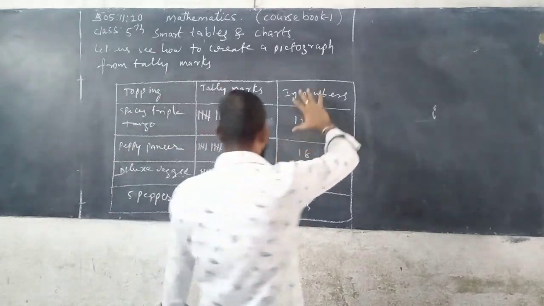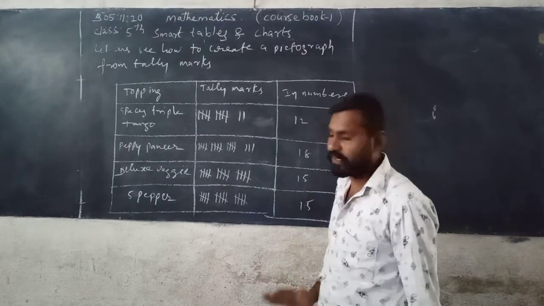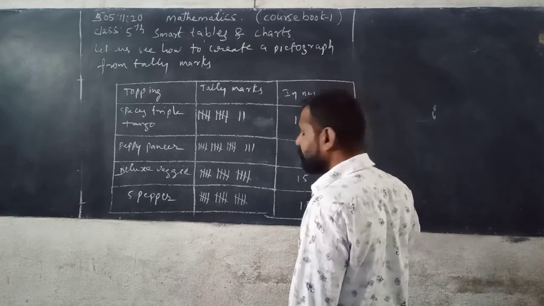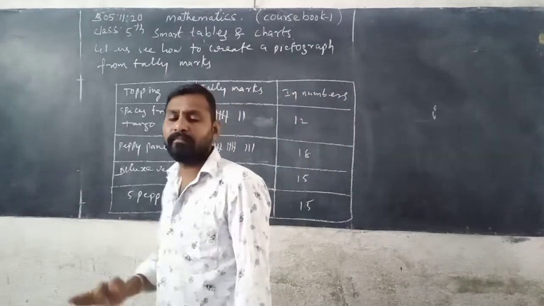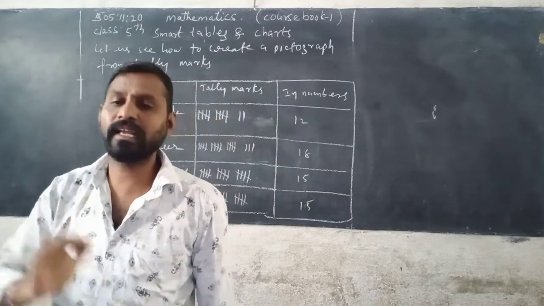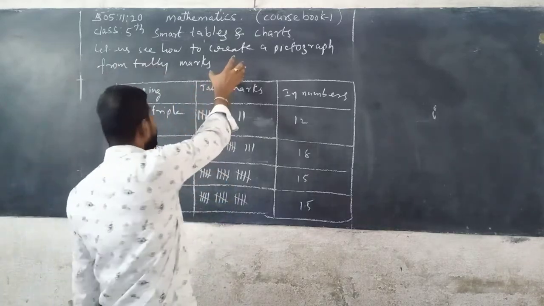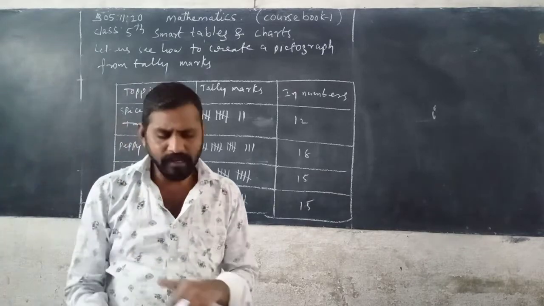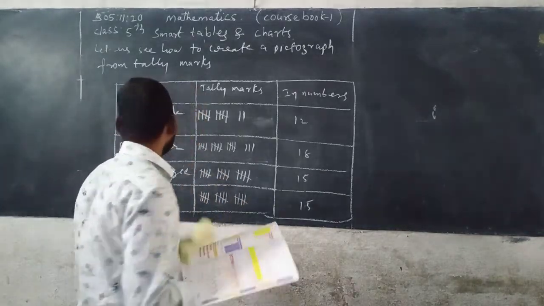According to this problem, no scale was given. So we can conclude that 12, 18, 15 and 15 are multiples of 3. Then you can write one pizza is equal to 3 people. So then write down the pictograph.